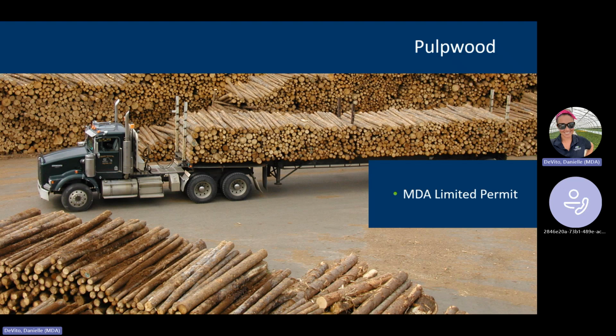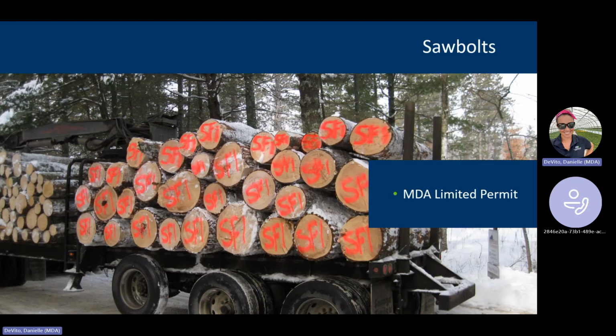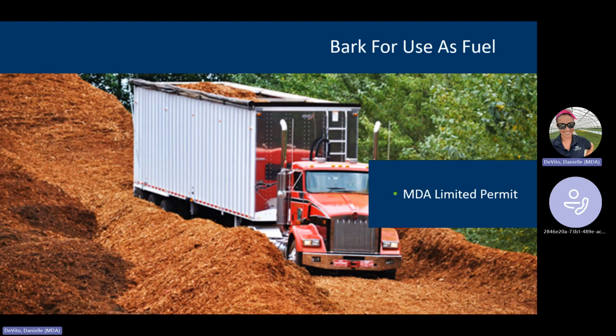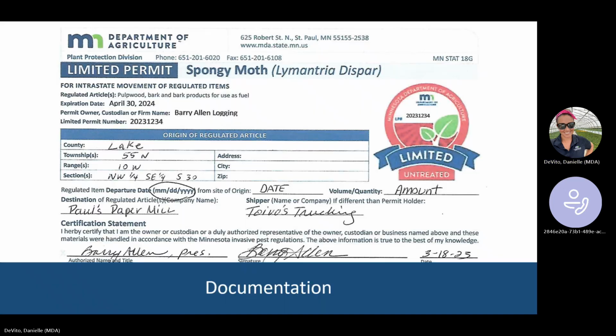To recap, pulpwood requires a limited permit leaving the quarantine, going to a receiving mill. Sawbolts also require a limited permit leaving the quarantined area when going to a receiving mill. And bark for fuel going to a receiving mill also requires a limited permit.